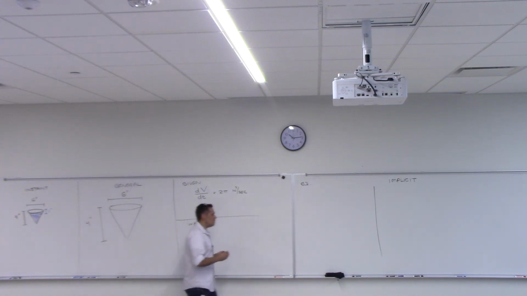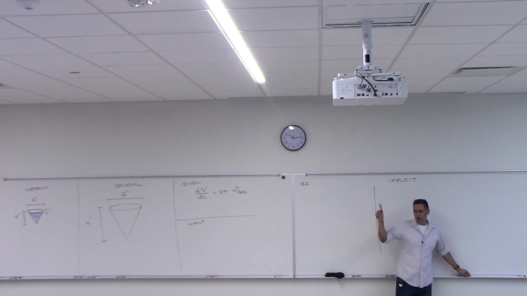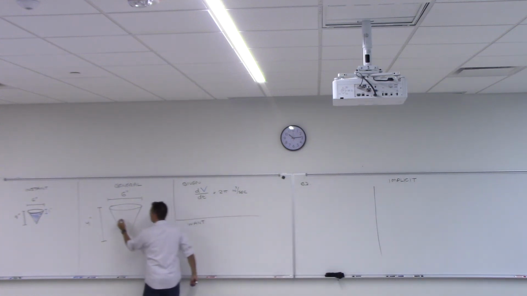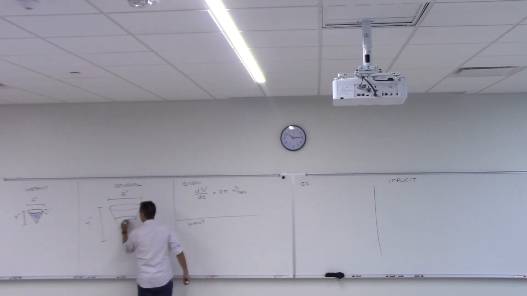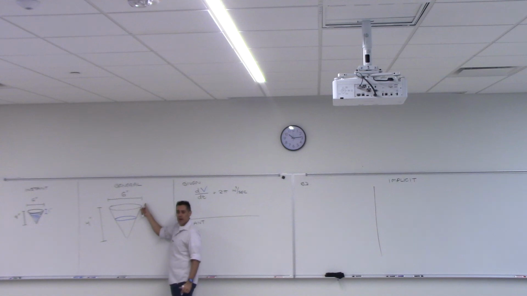Now my water level in here that I'm about to put in here is arbitrary, all right? It's not 1 inch from the top. It's just somewhere in there. So here's my water level. And I want to know how fast that water level is coming up relative to the bottom of the cone.